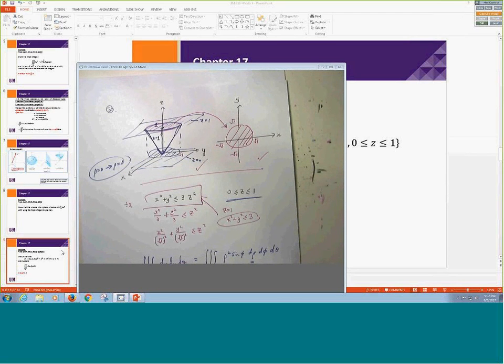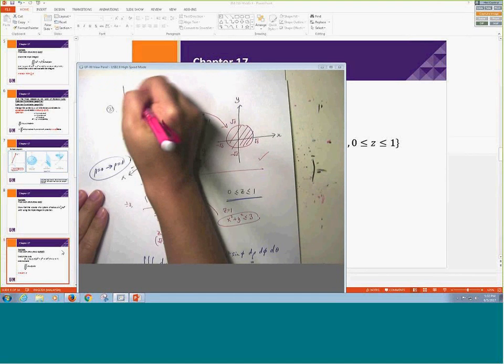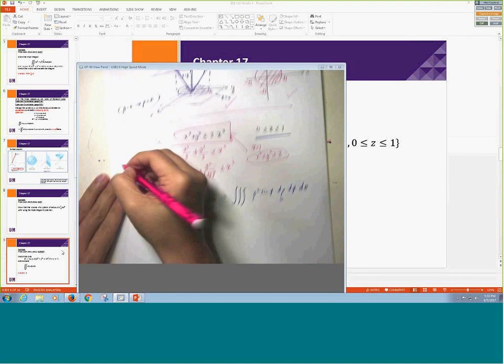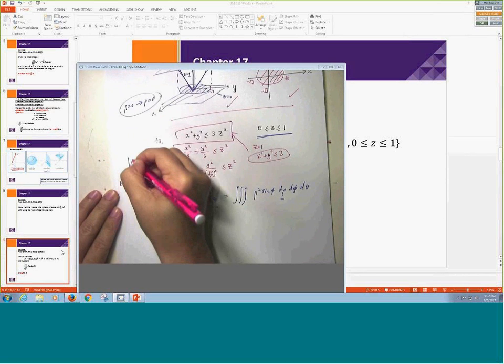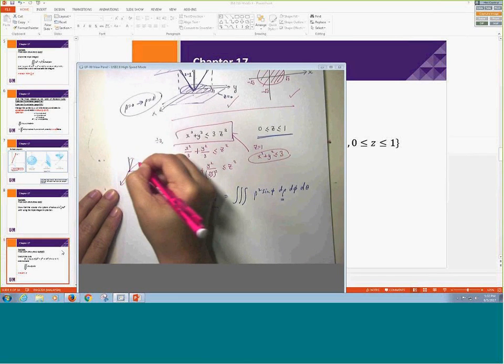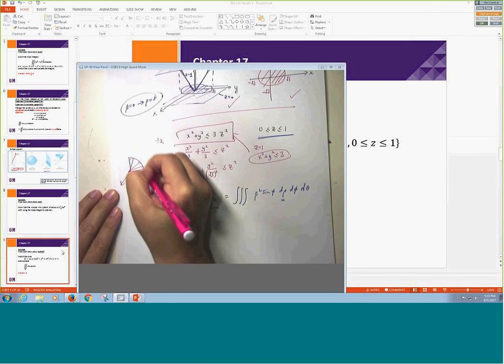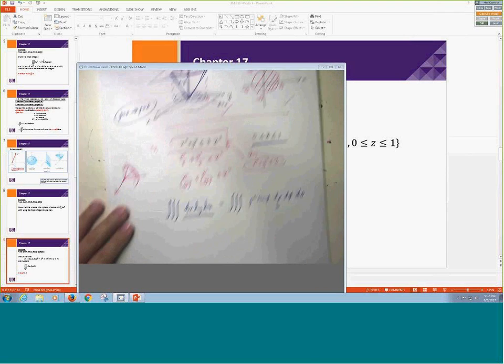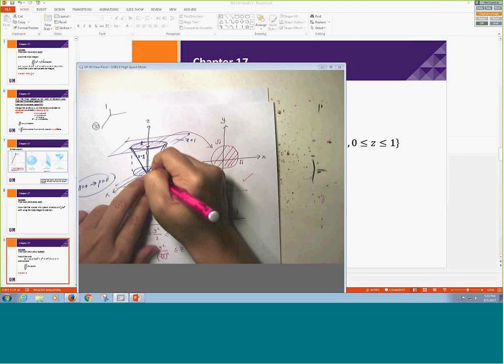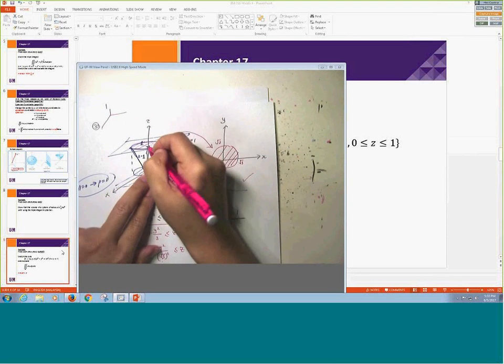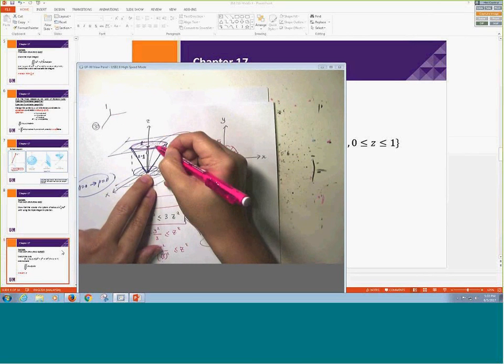Why? Because if you put 0 to 1, it means any direction from here will be 1, so you should get a circle like this. But now, the distance from here to here is 1, and the distance from here to here is not 1.